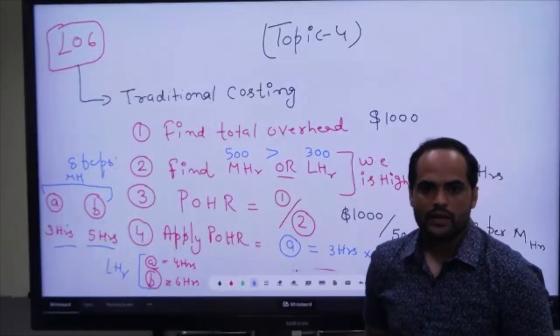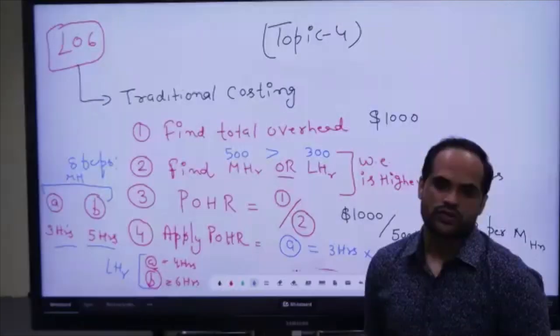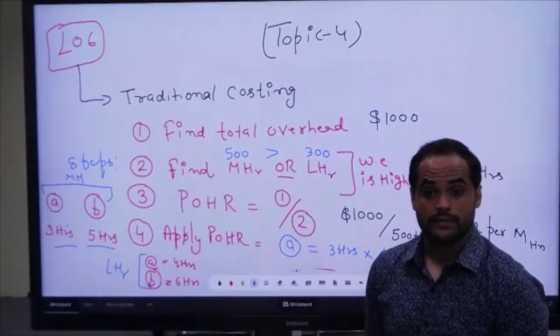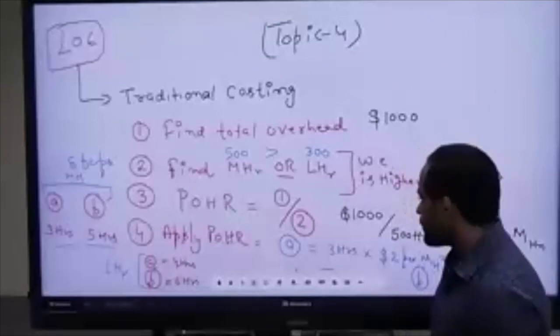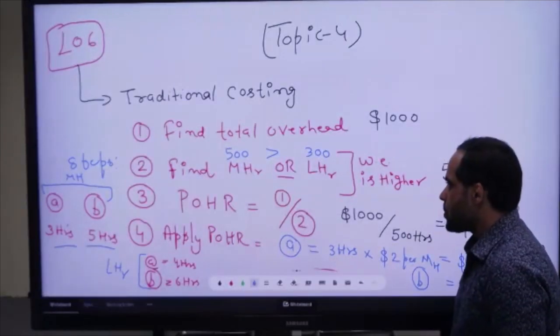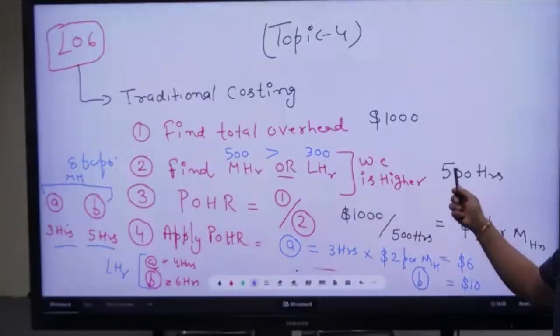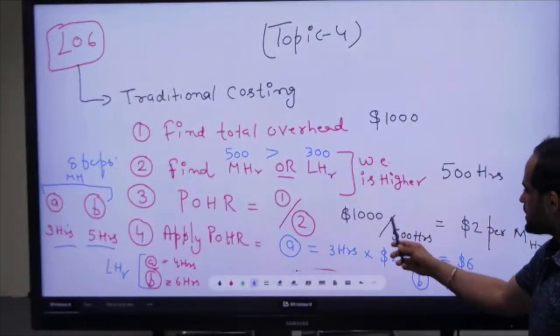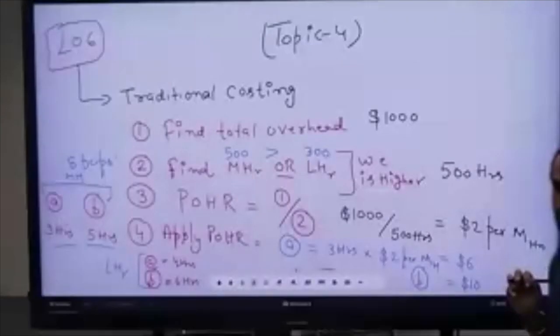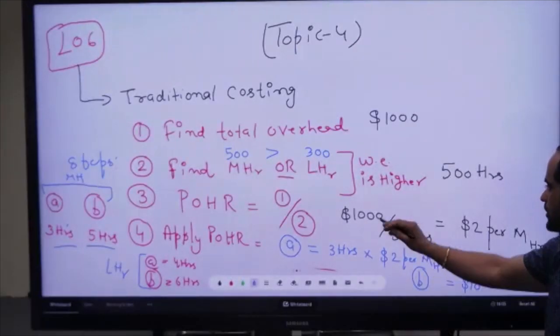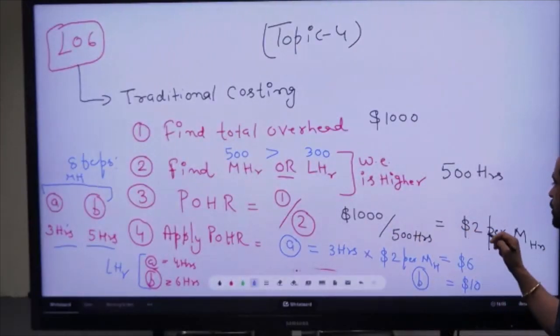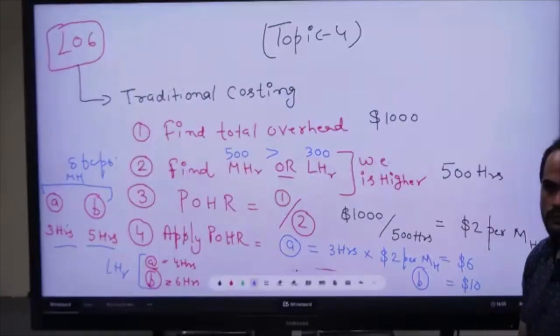Step 1 is 1,000, which is total overheads, and step 2 is machine hours, right? The machine hour is higher. So $1,000 divided by 500, which means $2 per machine hour.